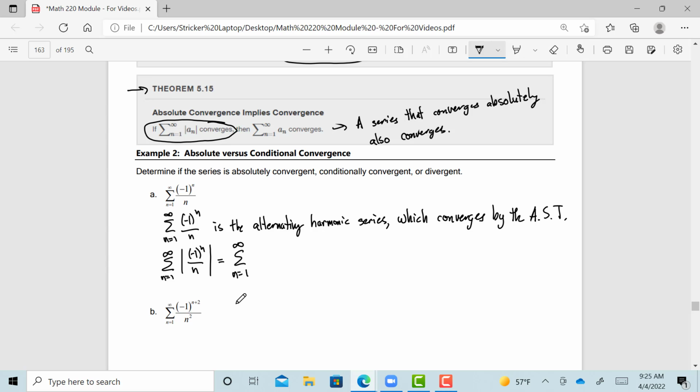Well, the negative 1 to the n is going to go away, right? It's just going to look like 1 over n, which is what series? That's the harmonic series. So if we try to show absolute convergence, we get the harmonic series, which we know to be what? That one diverges.